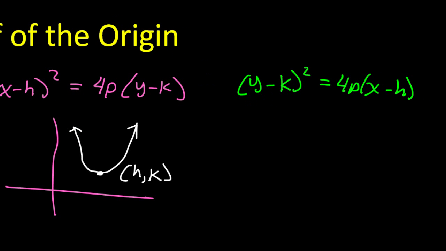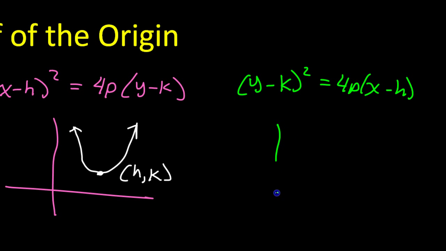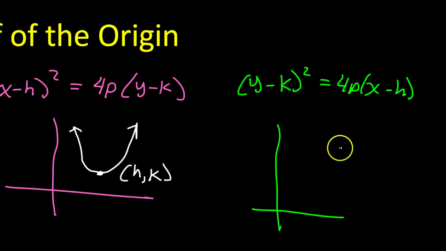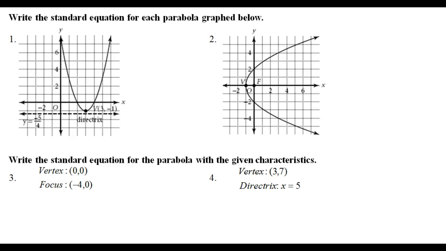When your y term is squared, then that means that you're going to have a sideways parabola. Okay, so the parabola might look like this.